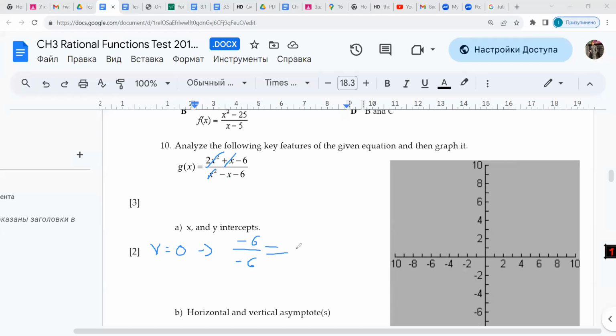Negative 6 over negative 6, as a result, would give us 1.